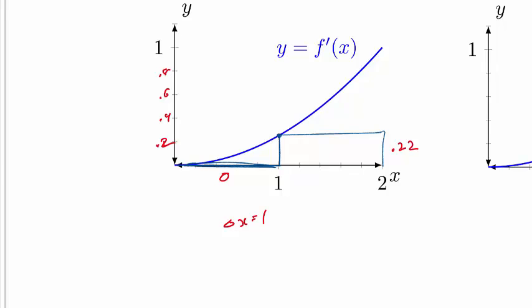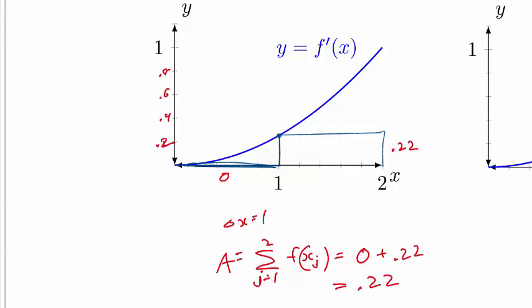Now we apply our area under the curve formula, which is the sum from i equals 1 to 2 of f of x_j, we're using j, let's stick with that, times our delta x, which is just 1, but we don't have to write that. And so it becomes 0 plus 1 times 0.22. So of course the answer is 0.22. Alright, that's that one.